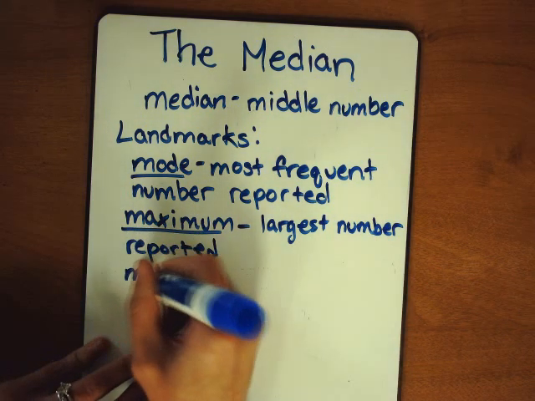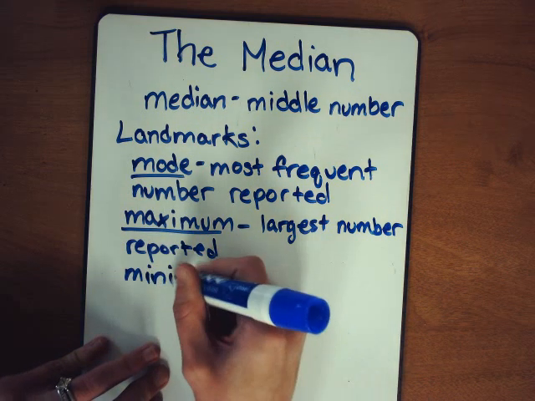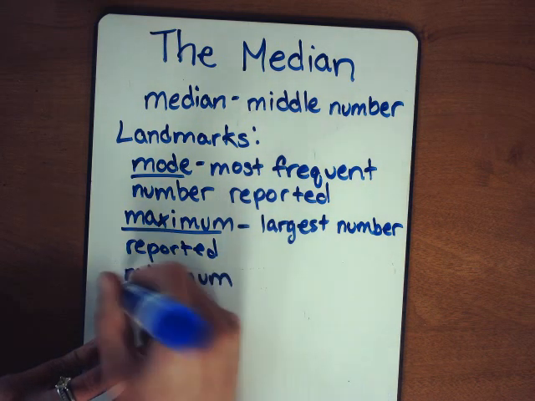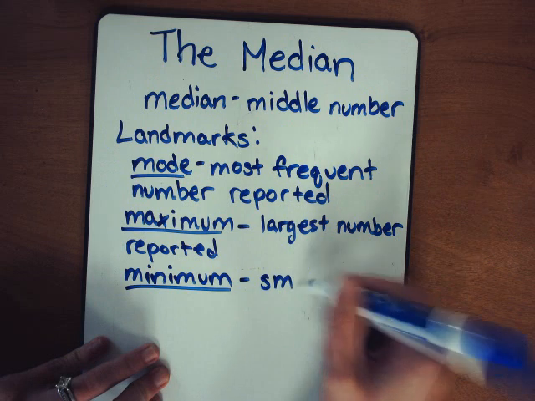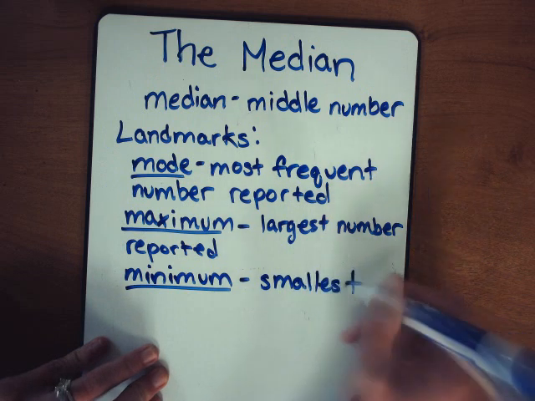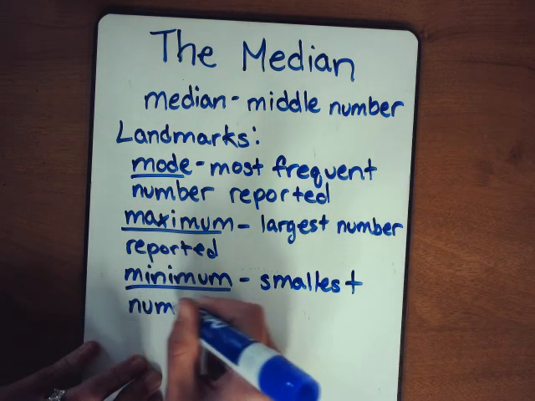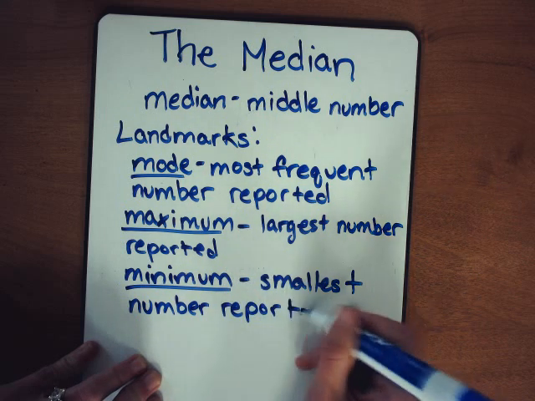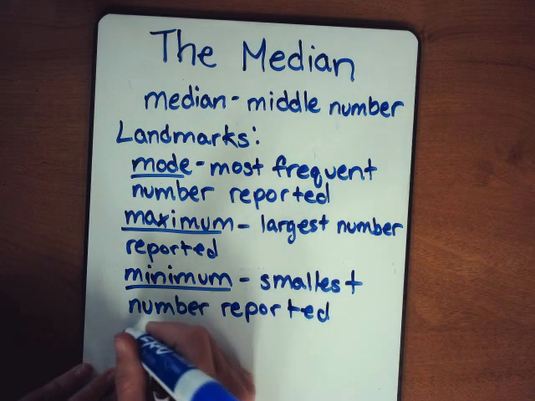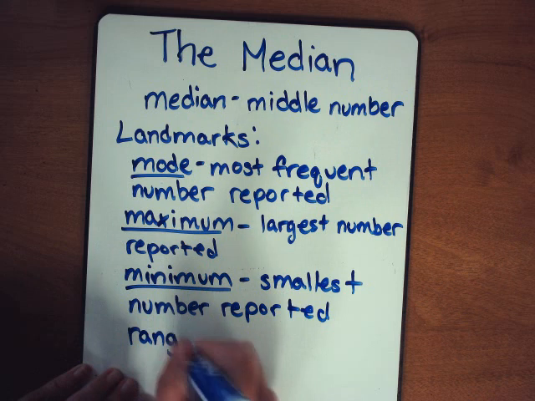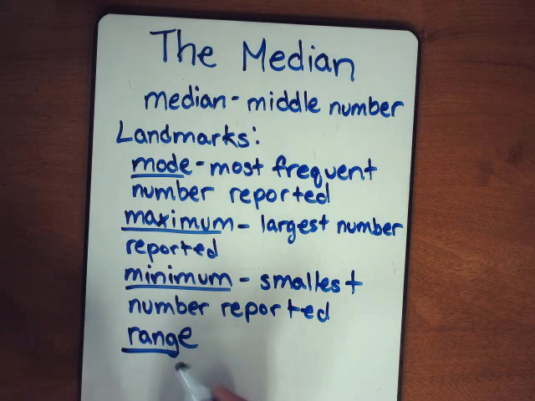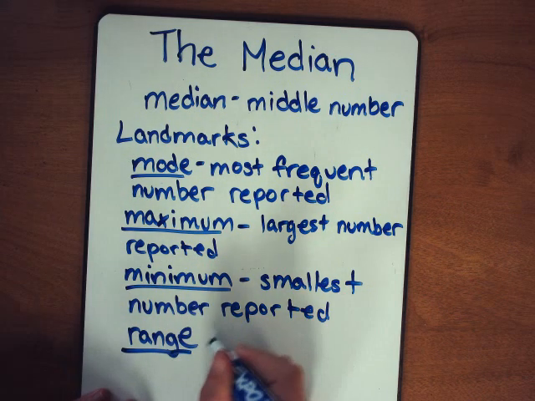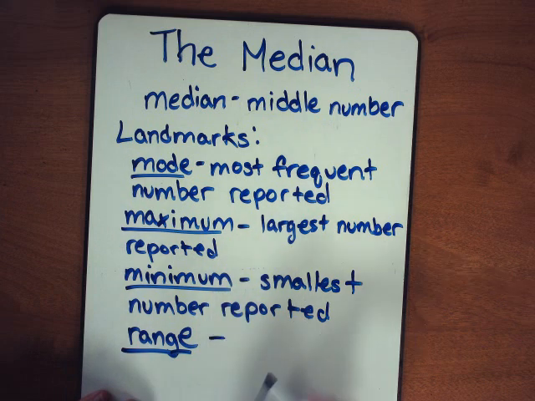The minimum, you might think about minimum. The smallest number reported. And the range. When you think about range, I think about a long range pass in football, and that's the distance between the minimum and the maximum.